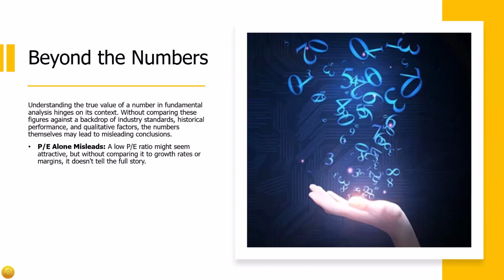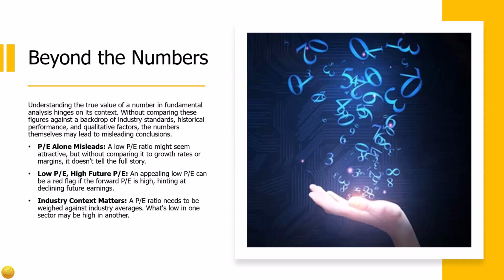For example, if you only look at a PE ratio, that number isolated from all other numbers might not tell you the correct story. If I only look at a low PE ratio today and don't take into account future growth and what the future PE is telling me, well, I might be missing a declining future earnings story.